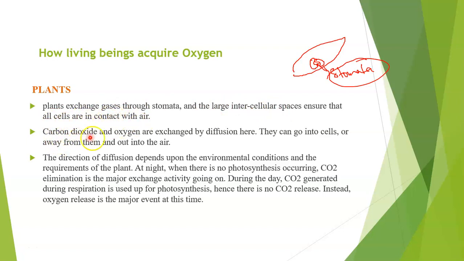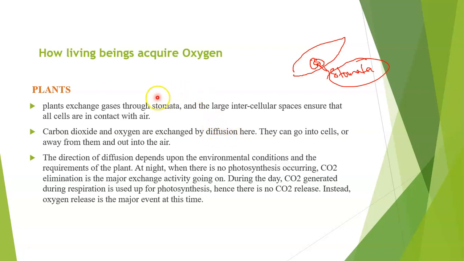Okay, now carbon dioxide and oxygen are exchanged by diffusion here. ठीक है, so बच्चे एक चीज याद रखना कि जो gaseous exchange होता है plants में, or in animals, basically they are done through diffusion. ठीक है, so diffusion के through these gases are exchanged.